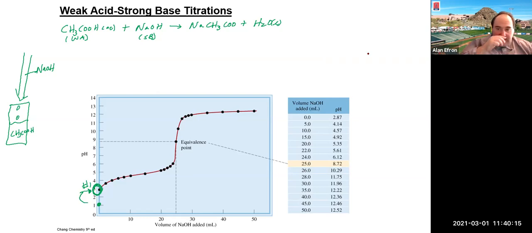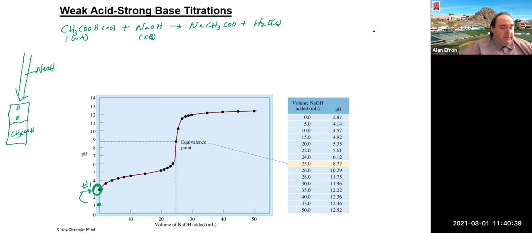Once you do the initial ICE table in moles, you can convert the moles back to molarity by using the total volume. That would be what you started with in the beaker or the flask, plus how much strong base you added. At that point, you're still left with just a strong acid, which means you could go into the pH equation as well.